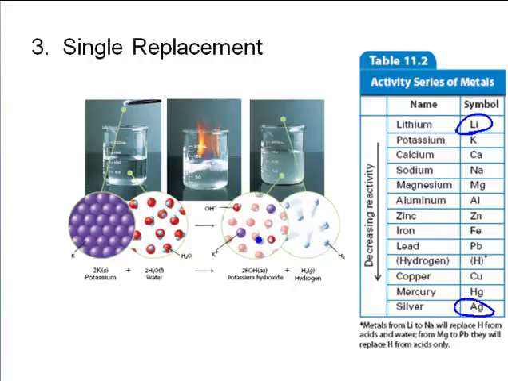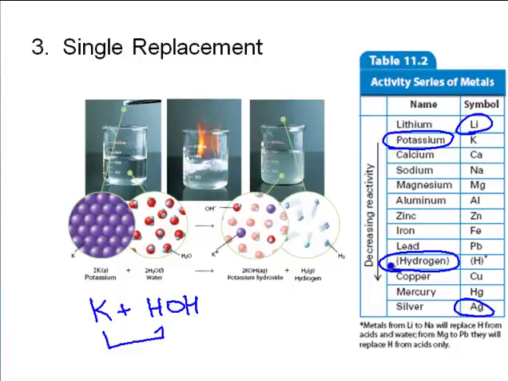So if I have, here's my potassium, okay, plus HOH. Since potassium is above hydrogen, it can replace it. Since potassium is above hydrogen, it's more reactive than hydrogen, that's why we can get potassium hydroxide plus hydrogen gas.